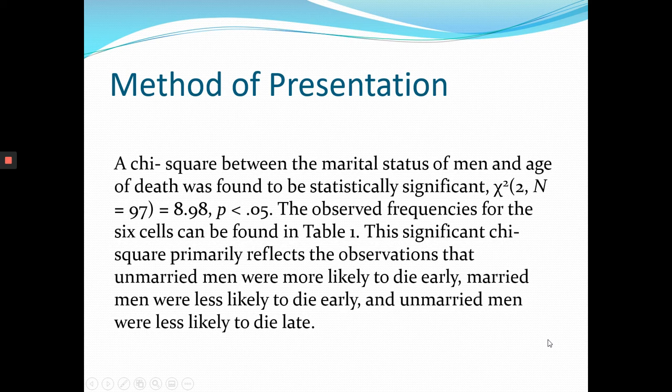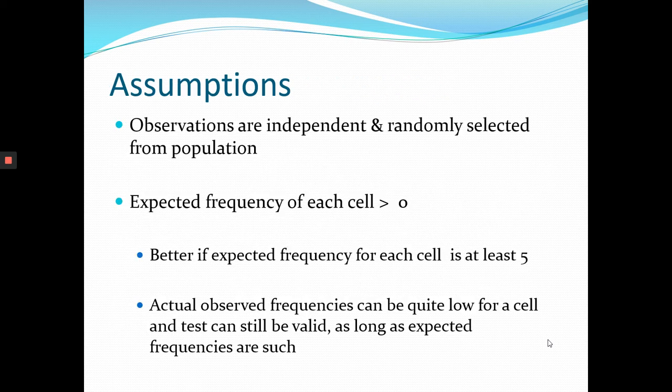So I think this is relatively straightforward. Just real quickly, our assumptions for this test, we always have assumptions. Our assumption is that the observations are independent, which basically means whether somebody was married or not was independent of the data of when they died, that somehow there wasn't something about our study that made those two things correlate.